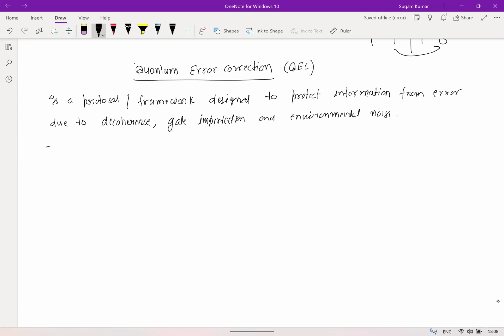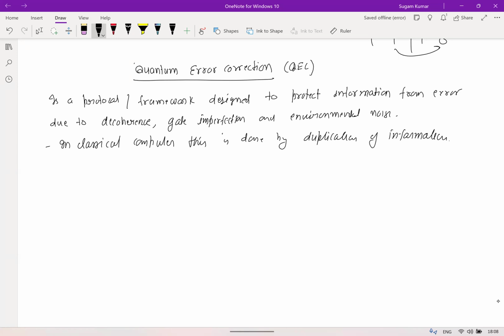So in classical computers, this is done by duplication of information. Whenever you feel that the original information is lost for some reason, you can replace it with the duplicate one.